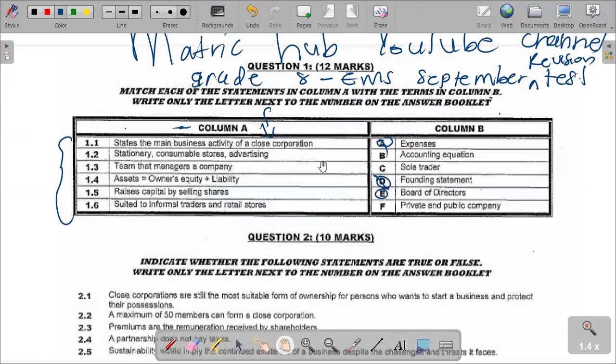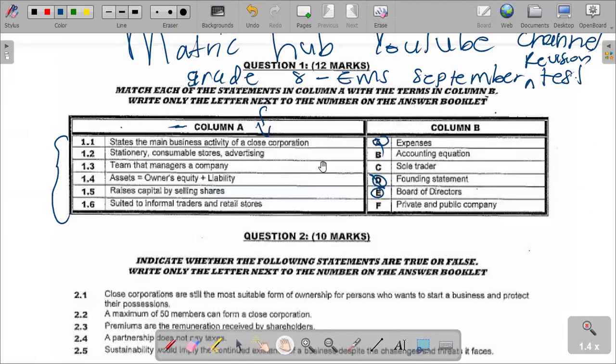And then 1.4, it says assets equals owner's equity plus liability. So what is this? When you look at your column B, this is an equation, right? This is a basic accounting equation.